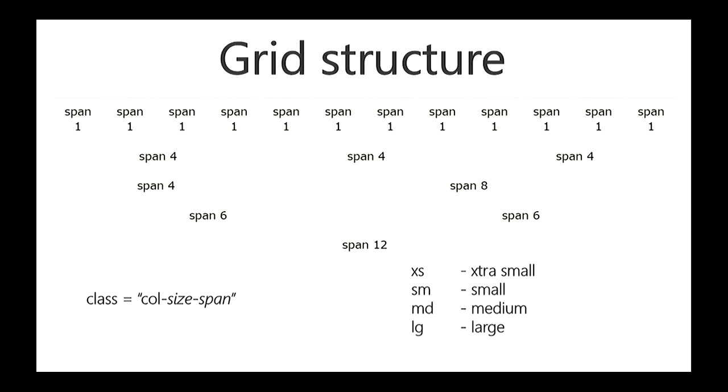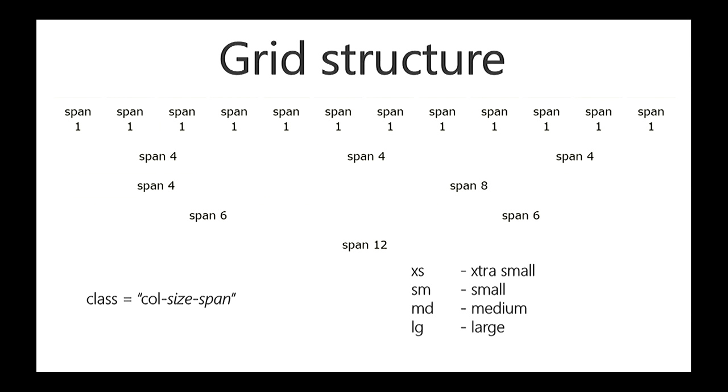And over on your bottom left side, you see the actual syntax, right? So you have col for the column, and you have the size. The size there is the actual specifics, so if it's XS or SM or MD or LG, right? So it specifies what to do when it comes across a viewport that's that size. And then the span is the actual grid span.